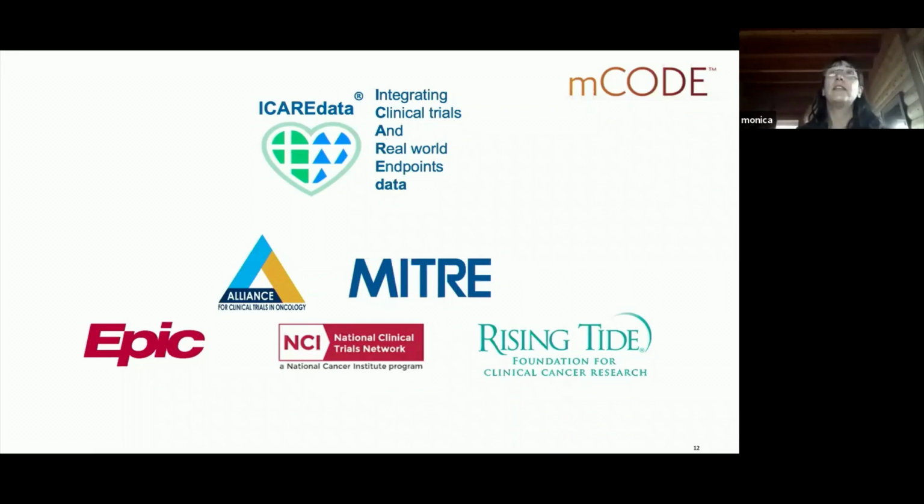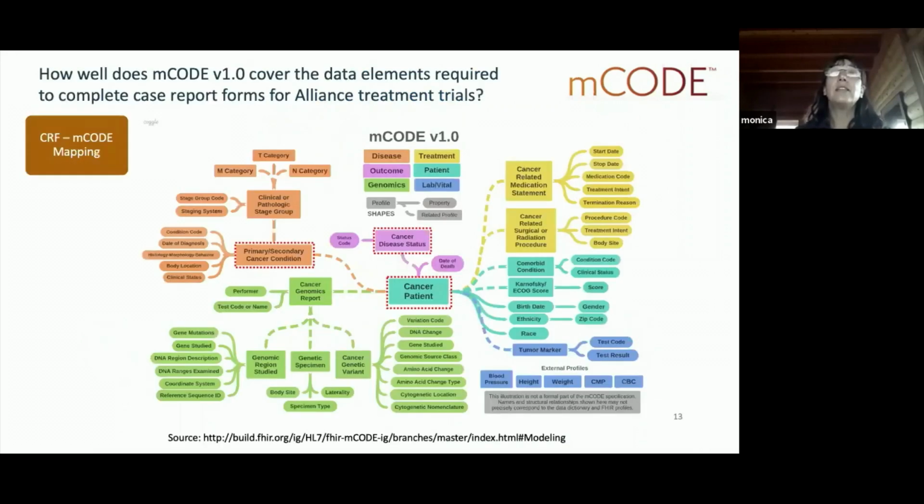It stands for Integrating Clinical Trials and Real-World Endpoints. What it does is it looks at case report forms from Alliance clinical trials and asks the question, how well does mCODE, the first version, cover the data that is required to complete case report forms for an Alliance clinical trial? So this is the iCare data use case.